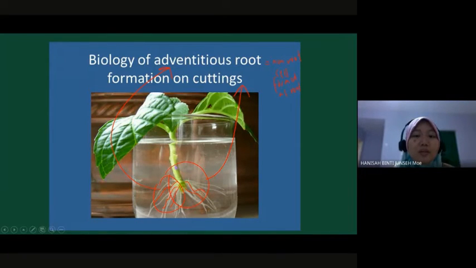Okay, because there's auxin there. Auxin helps the adventitious roots to develop. All right.